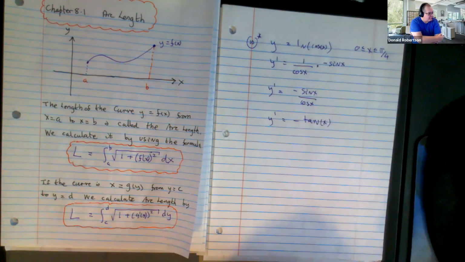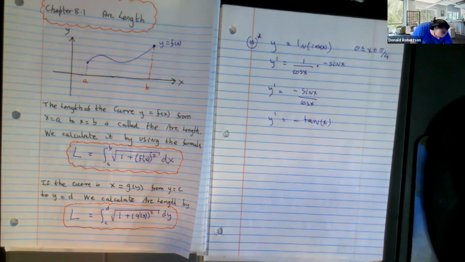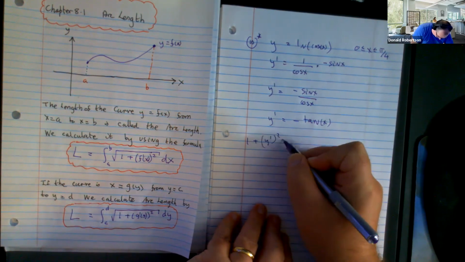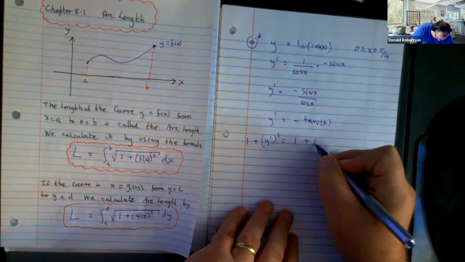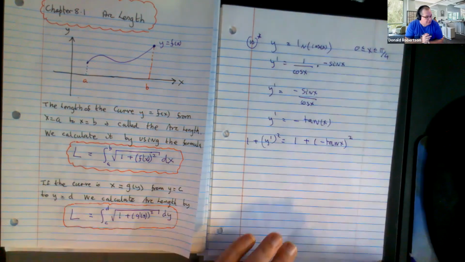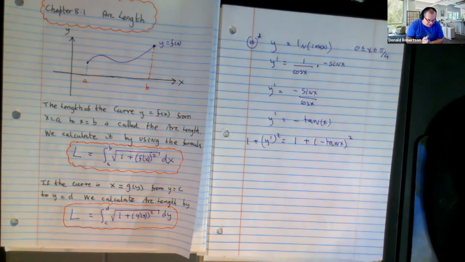Can that guy be something else? Now, if you do 1 plus the derivative squared, won't you get 1 plus negative tan x squared? So, you know, when you go into trig identities take over, right? So you have to have a different mindset with this question.